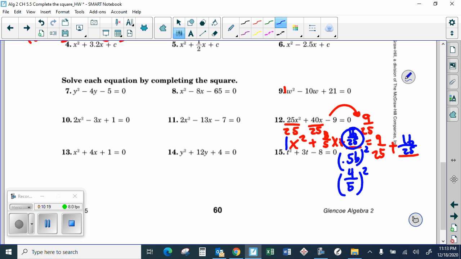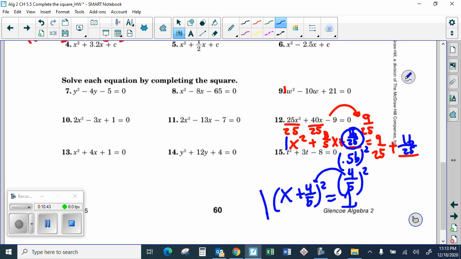Okay? So now that left side becomes (x plus 4/5) squared equals, what's 9/25 plus 16/25? 25/25, which equals 1. So now I have that.